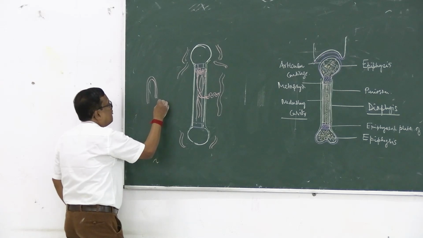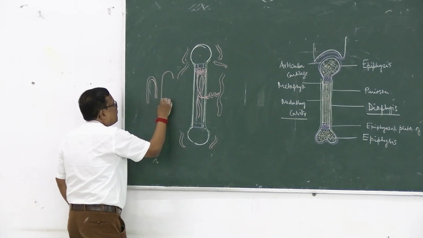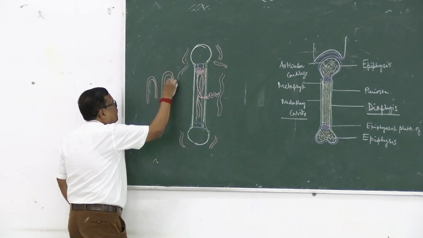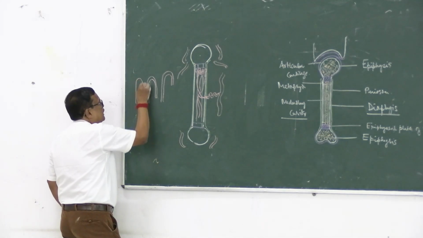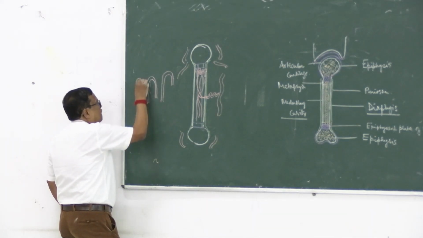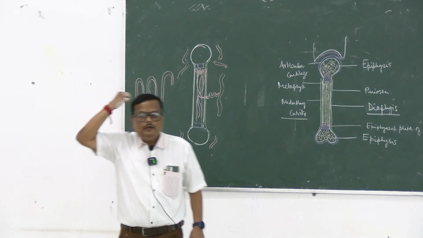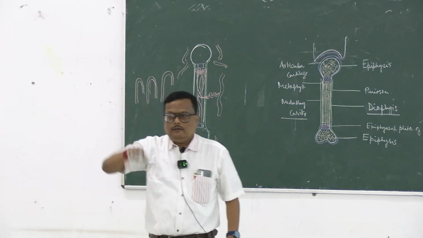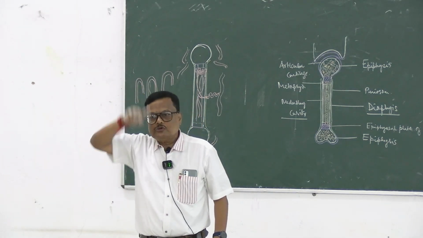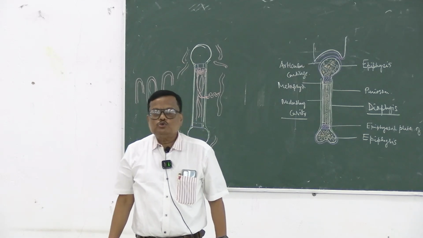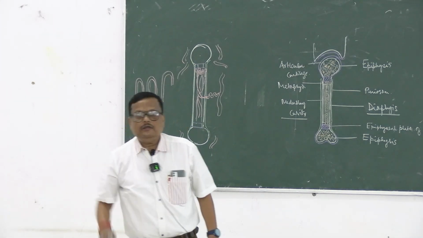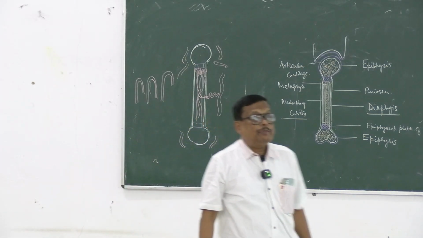If I draw this area bigger, what will we see? The arteries look like this. It looks like a hairpin of a lady. Previously they used the term U-shaped. We call this type of artery a hairpin bend.